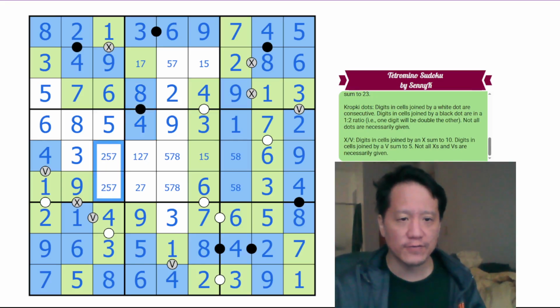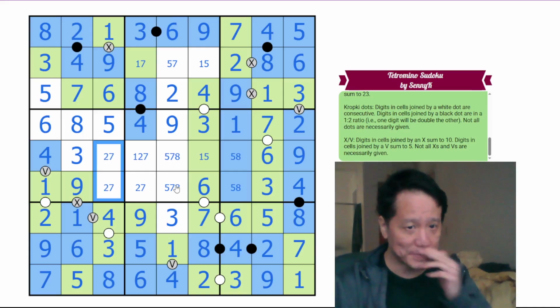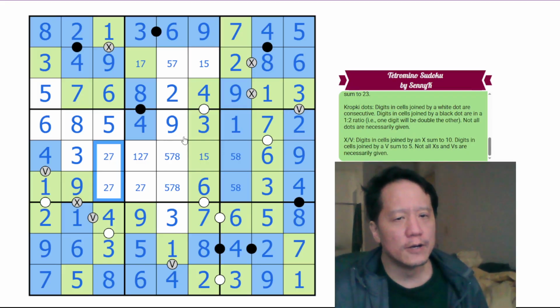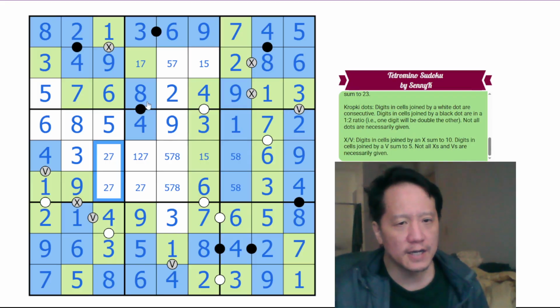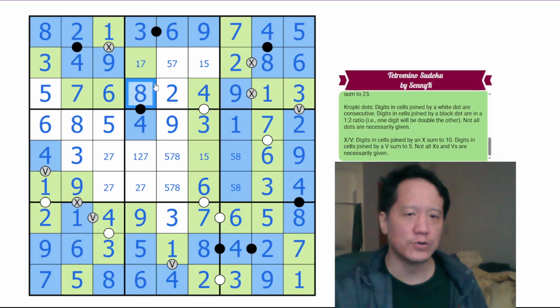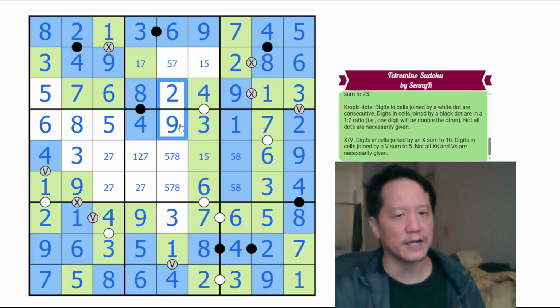This can't be 5 here. Yeah, 11. So it cannot have 3 and 8, cannot have 4 and 7, so it's either 5, 6, or it's 2, 9.